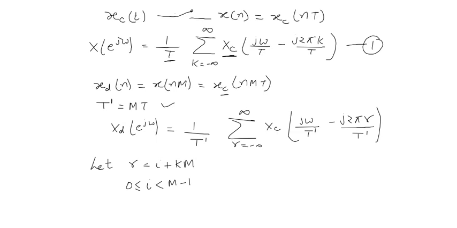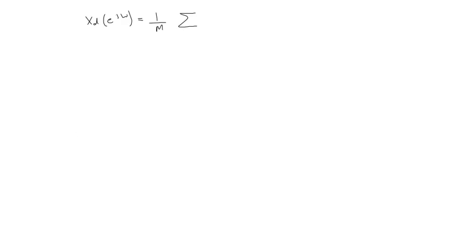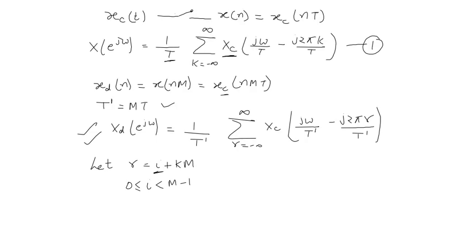If I rewrite this expression, xd of e to the power j omega is 1 upon M summation. Now the limit has changed: it was r, now I will keep the limit as I equals 0 to M minus 1. We have to keep two limits, one for I, and what will be the limit for k?